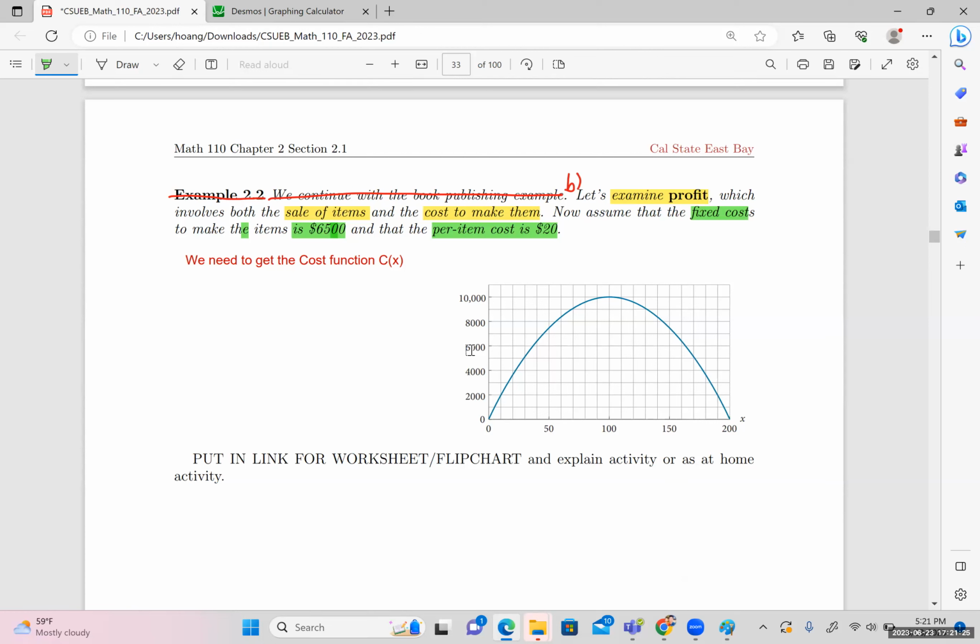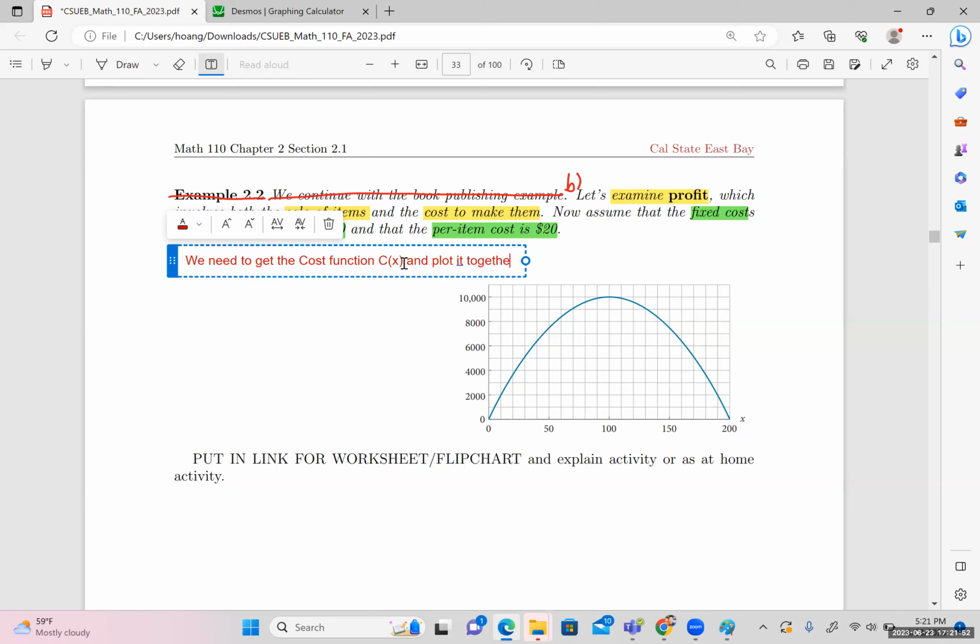I want to include the cost function in this graph, so I need to get the cost function C(x) and plot it together with the revenue function graph.